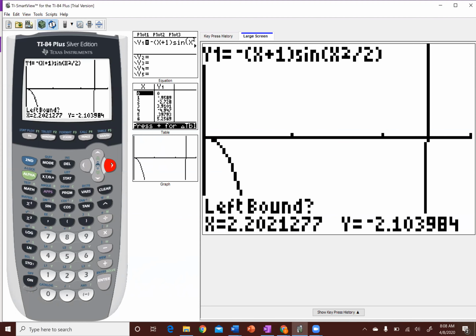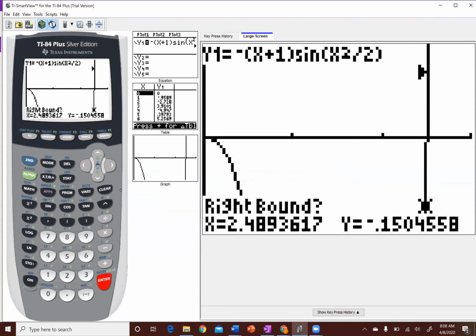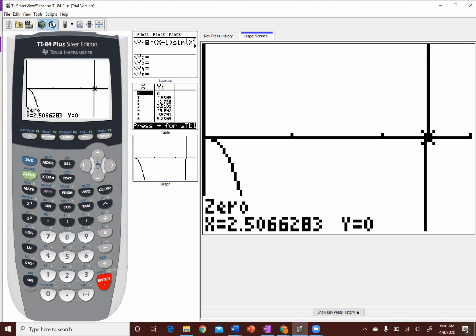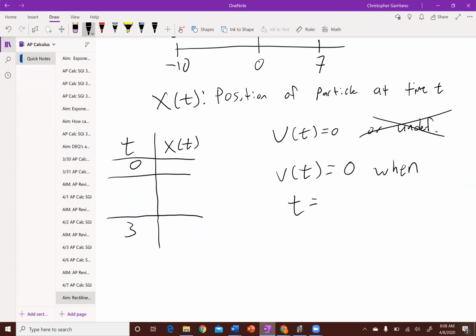Notice the y's are now, as x moves greater, y is getting closer and closer to 0. So I know that I'm getting close to one of these zeros, and there we have it. So of course I do a left bound, then I do a right bound, and then I do a guess, which I usually just do the same exact number. So one of the times is 2.507. And so that is a candidate.